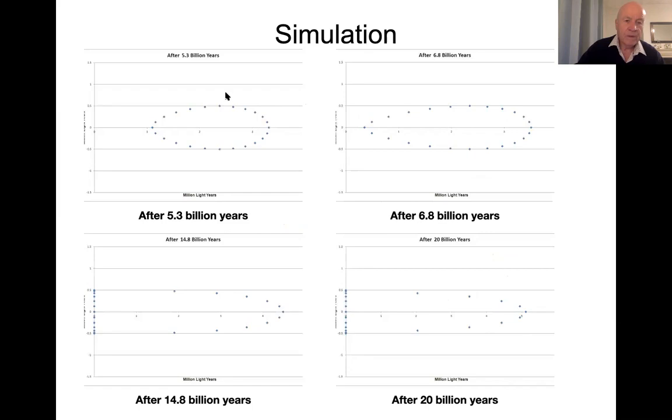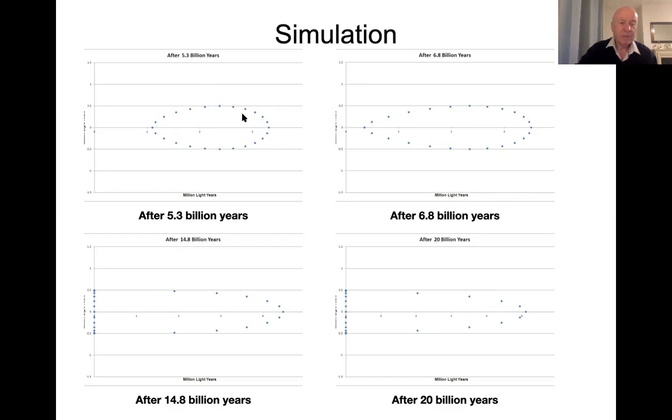Now, this is a simulation of what would happen to a spherical region affected by the expansion of space. So this region of dots started off at the outer regions of the spherical surface.